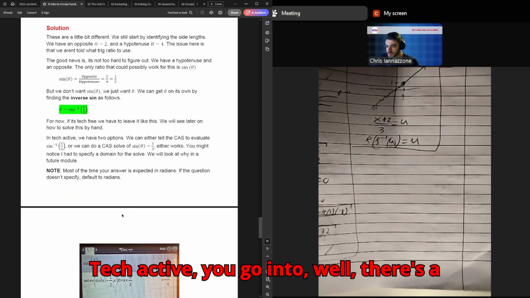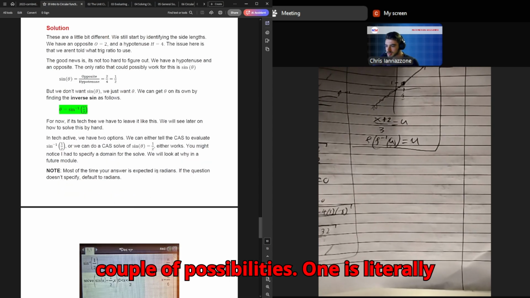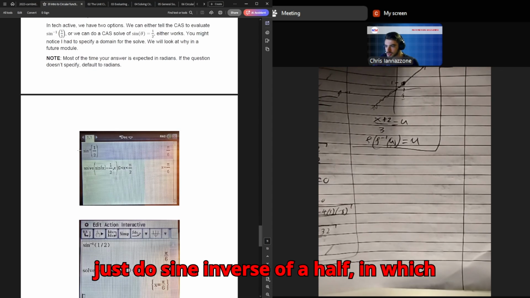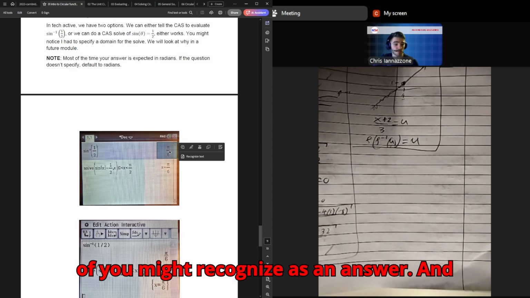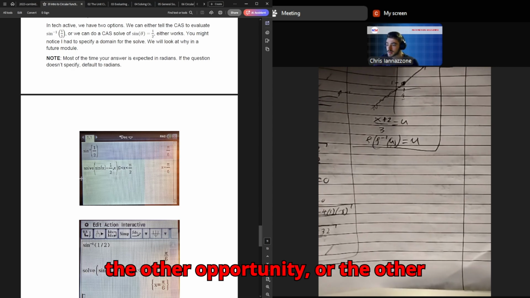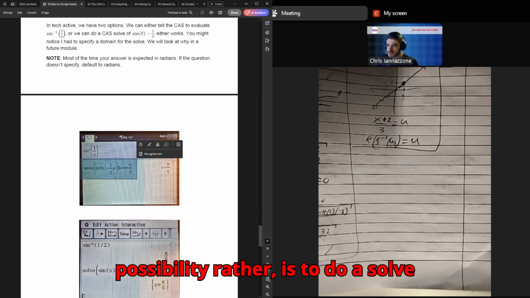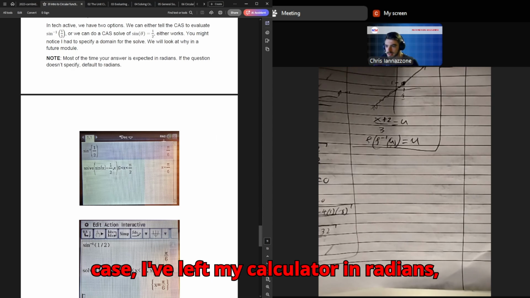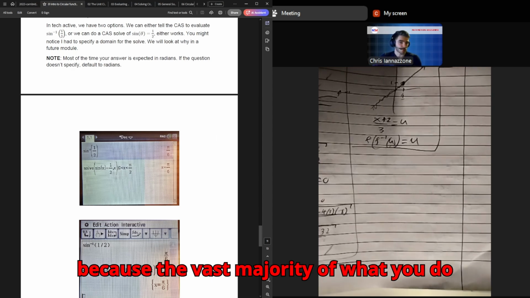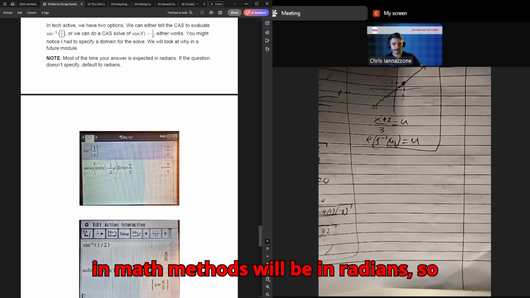Tech Active, well, there's a couple of possibilities. One is literally just do sine inverse of a half, in which case you'll get pi over 6, which some of you might recognize as an answer. And the other possibility, rather, is to do a solve on your function. In this case, I've left my calculator in radians because the vast majority of what you do in Math Methods will be in radians.